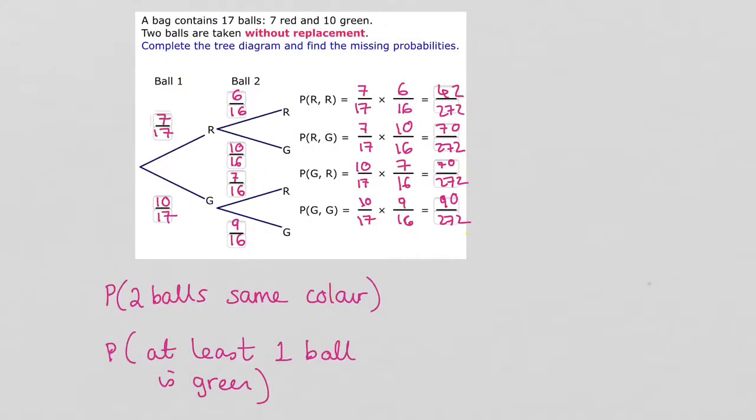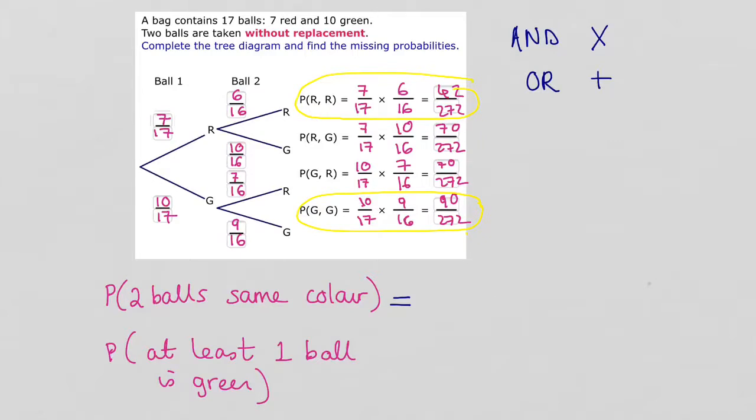So let's answer some questions about these. I want the probability that 2 balls are the same colour. So that means I could have a red and a red, or it would also be fine if I had a green and a green. Now what you have to remember, this is back at GCSE. If you've got an and question, it's a times. If you say or, it's a plus.